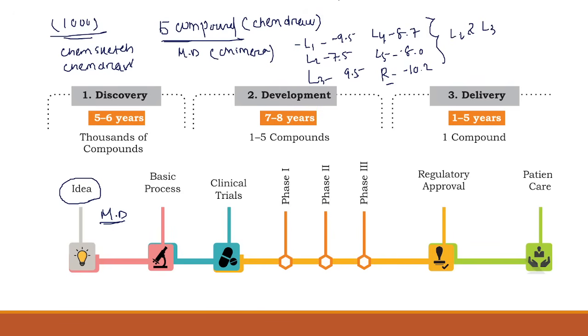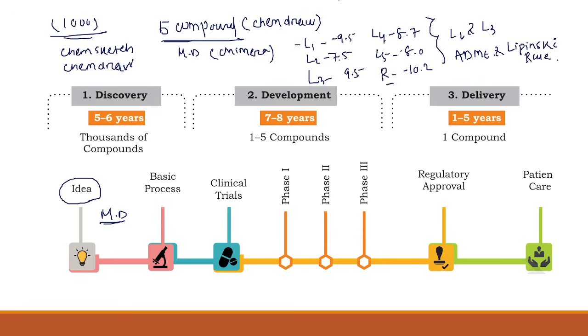Now we have to analyze the ADME properties and another property, the Lipinski rule. In the previous session, I told you about the Lipinski rule of five, you can go and watch it.